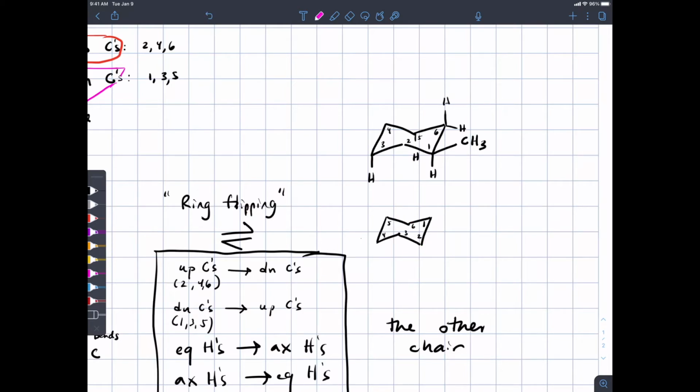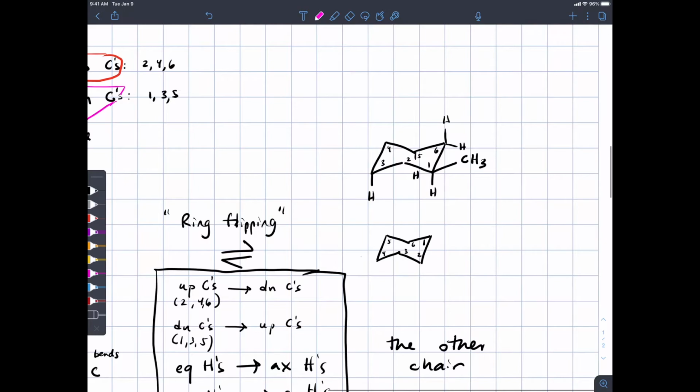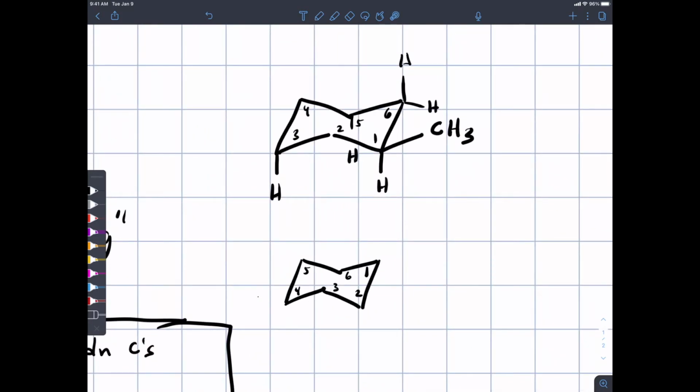We don't need to complicate this. Now, let's start with carbon 1, which had a methyl group on it. This group used to be equatorial up. After the ring flip, it's still going to be up, but what is the up position now that's available to carbon 1? Axial. Okay, good.